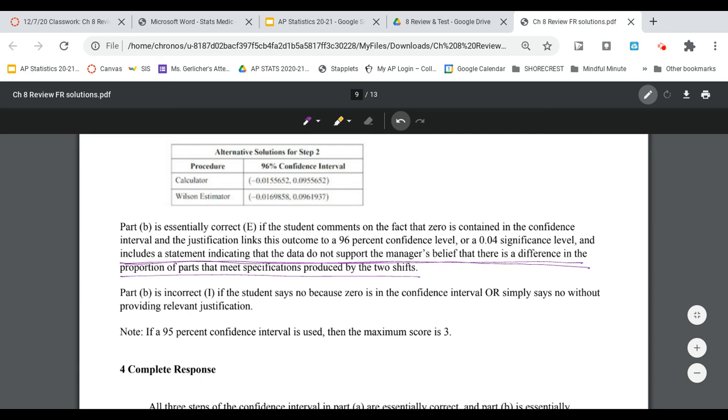It says it is incorrect if the student says no because 0 is in the confidence interval, or just says no without providing relevant justification. So you can't just be a minimalist and say 0 is in the confidence interval, not evidence. You have to explain why that is. Explain what 0 means: it means there's no difference between the shifts and that's plausible. You can't just say 0, no.